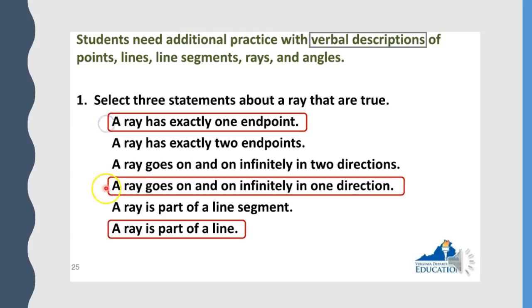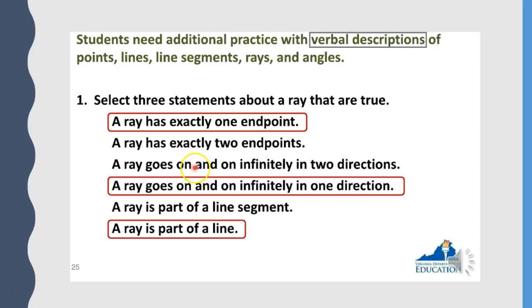So these 3 sentences are true about a ray. A ray has exactly one endpoint. A ray goes on infinitely in one direction. And a ray is part of a line. So you have to pick out which ones are true and which ones are not true, because a ray does not have 2 endpoints. That's a line segment.